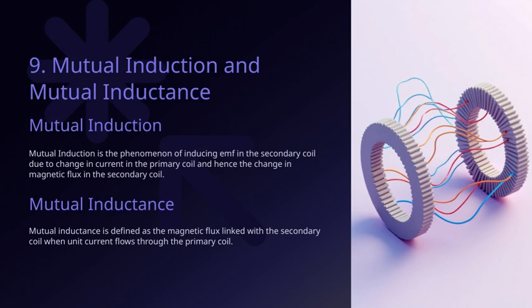In summary, mutual inductance is the quantitative measure of this coupling between two coils, and mutual induction is the process that enables energy transfer between them via changing magnetic flux. This connection highlights the importance of magnetic fields in electrical engineering and the way we transfer energy efficiently in various applications.